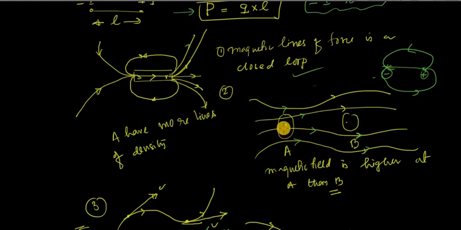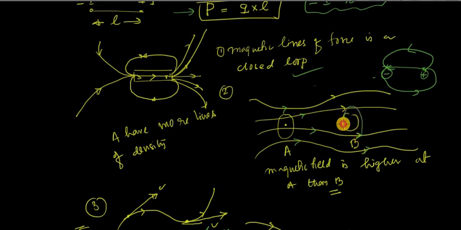If you observe very minutely the region surrounding point A and the region surrounding point B, this region has a few more lines of force, but this region has very few.